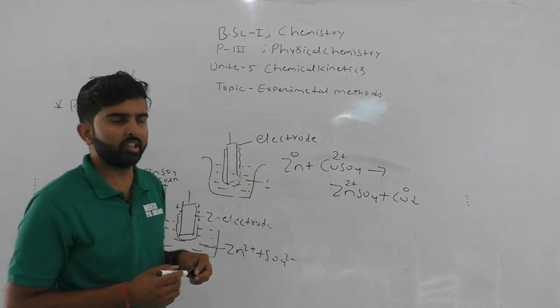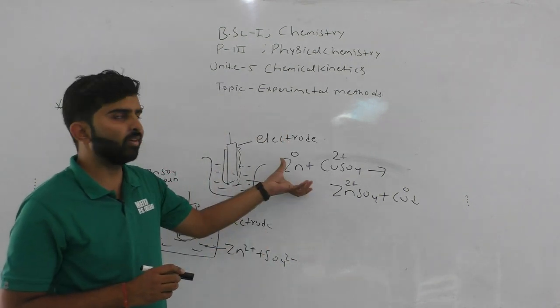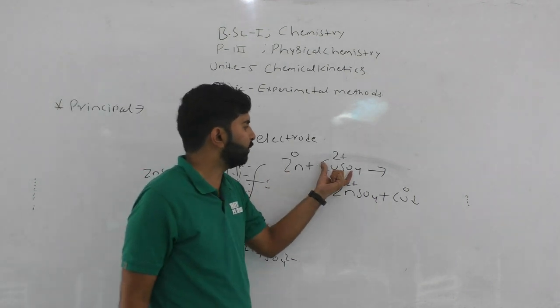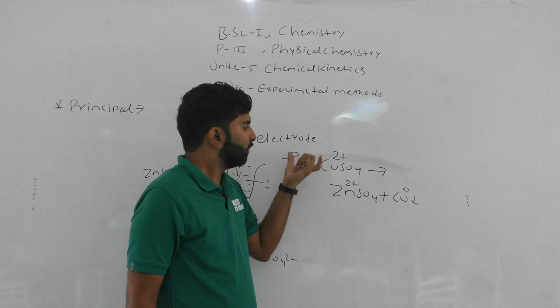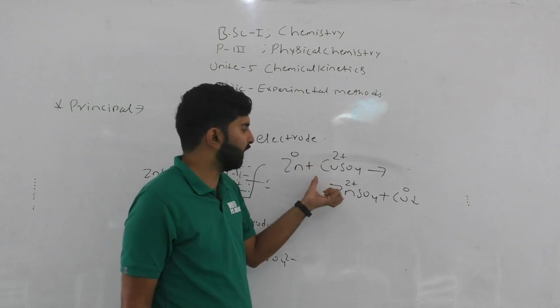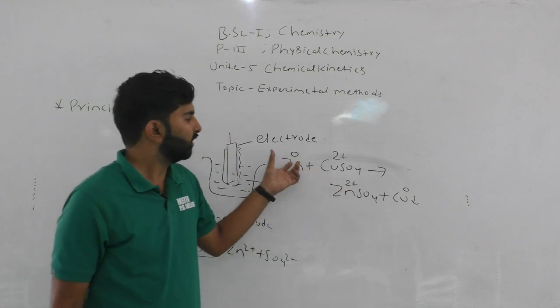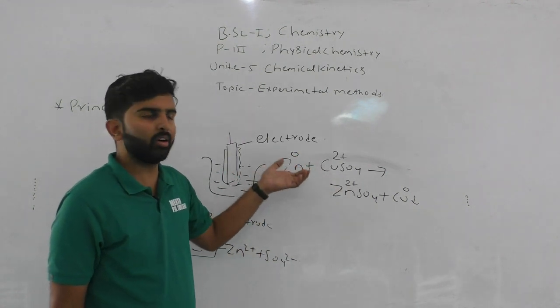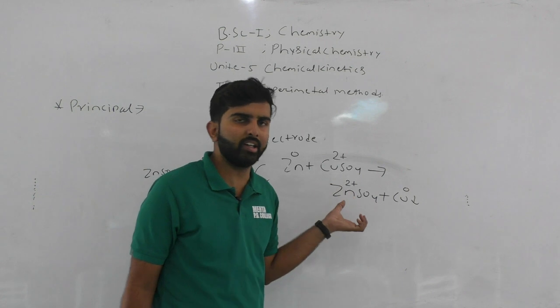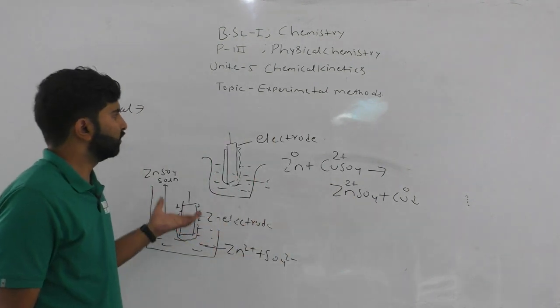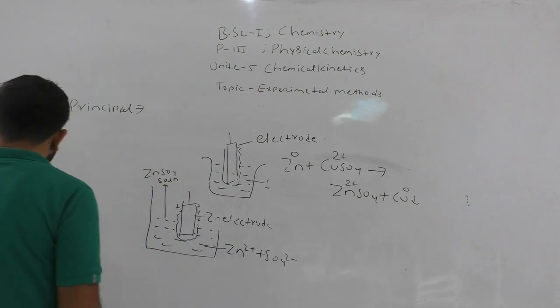So, the potential difference is observed in a reaction mixture, because initially the potential is due to the copper ions, but after the completion of reaction the potential is due to the zinc ions. Since the potentials of reduction or oxidation of zinc and copper are different, we observe different potential values. So, this is the principle.